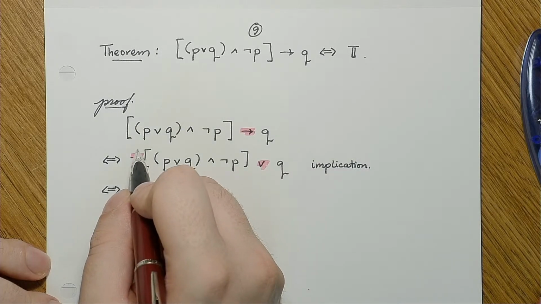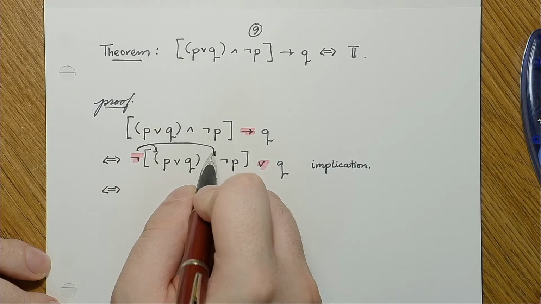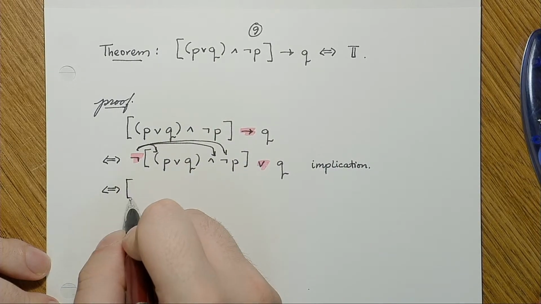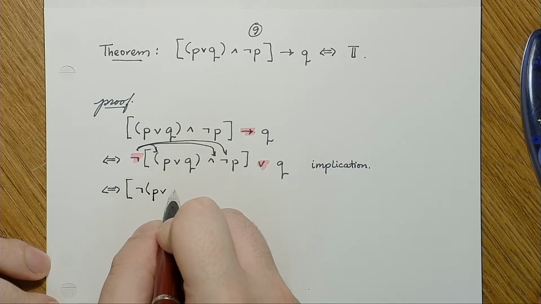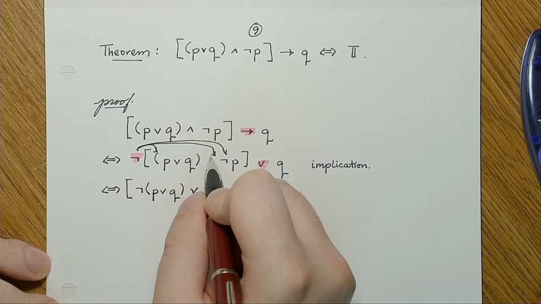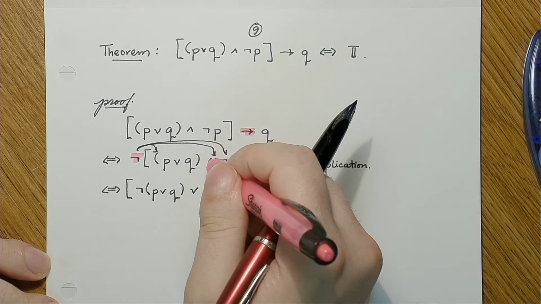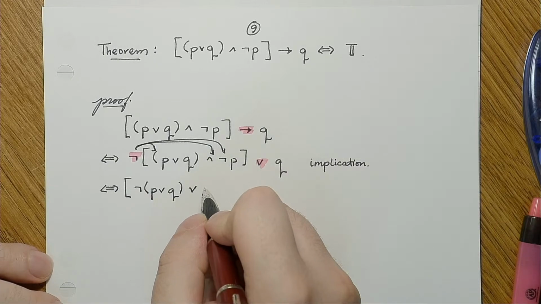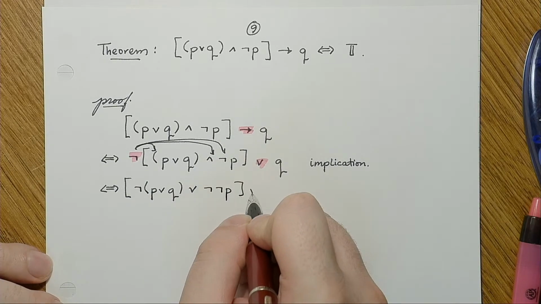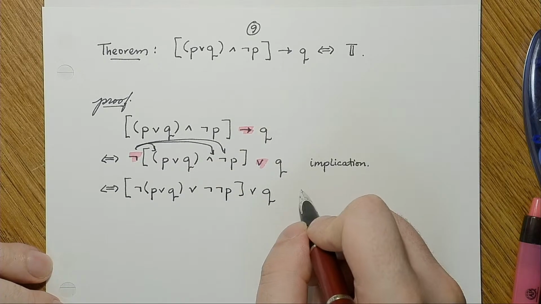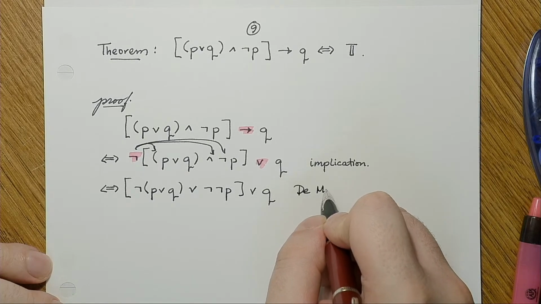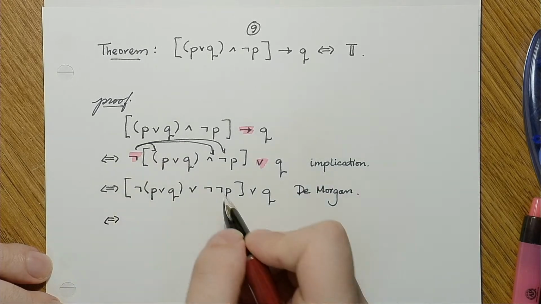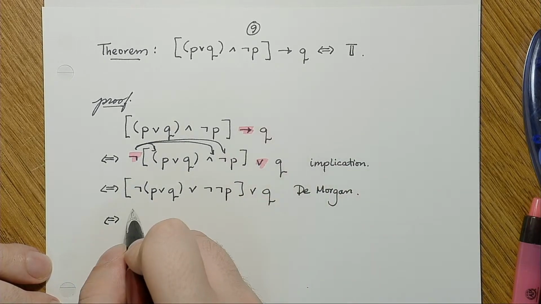Then I will just distribute this to each of these. That switches from an and to an or. Get not P. So that's De Morgan. You have a double negation right here, so you can drop that.